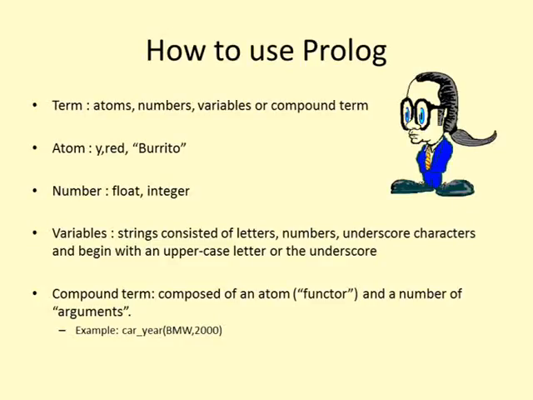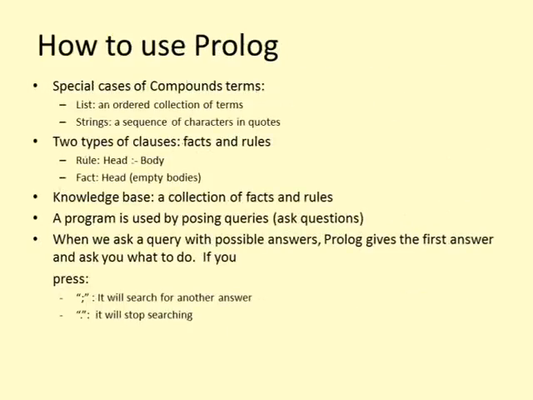An example of a compound term is car(year, BMW, 2000). Compound terms have two special cases. A list is an ordered collection of terms. Strings are a sequence of character codes.